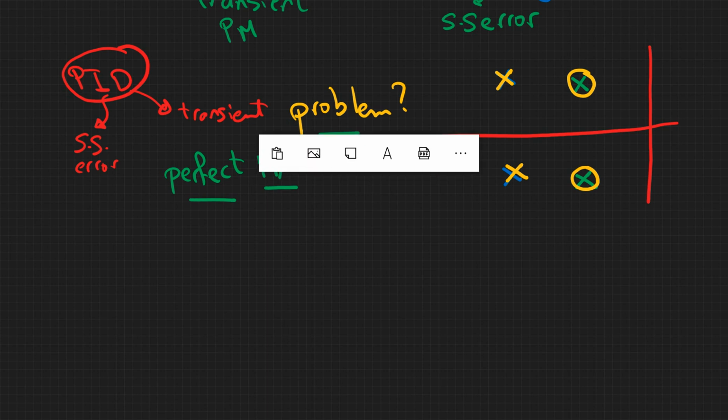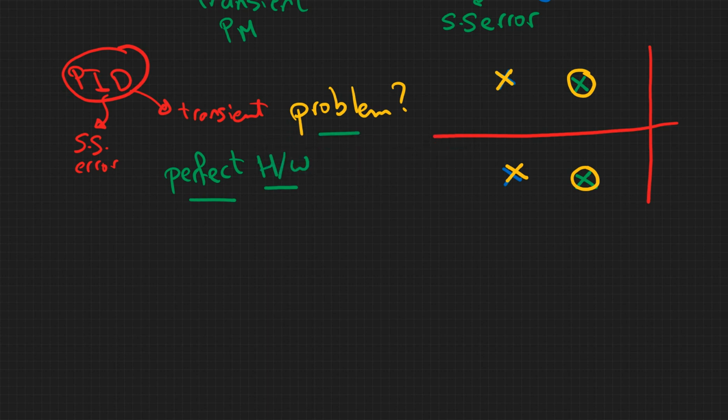But the point to keep in mind is never, by any means, use this technique to, for example, cancel a pole in the right half plane. If you have a pole in the right half plane, and you design a compensator that places a zero on top of it, this is completely wrong and very, very dangerous.